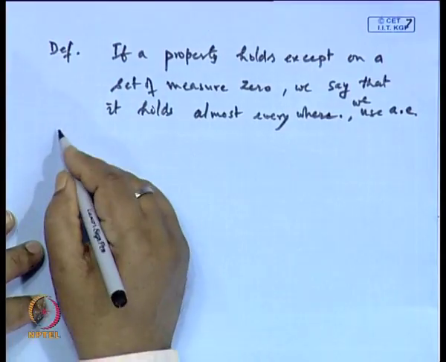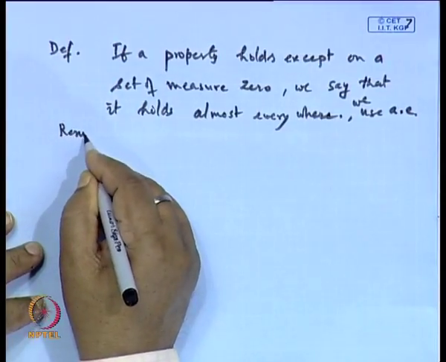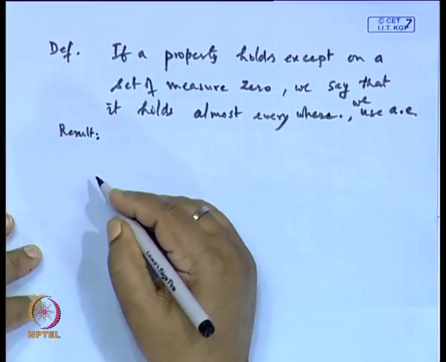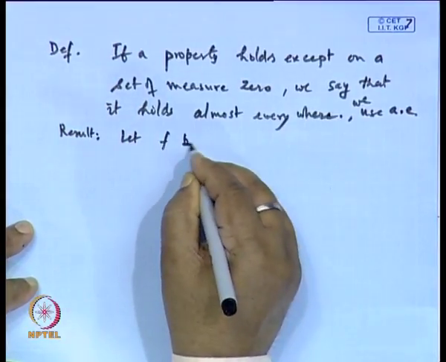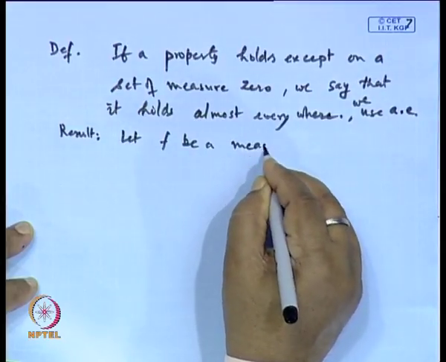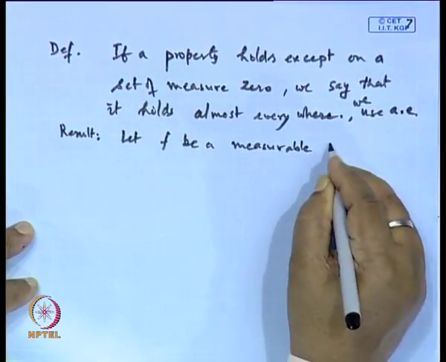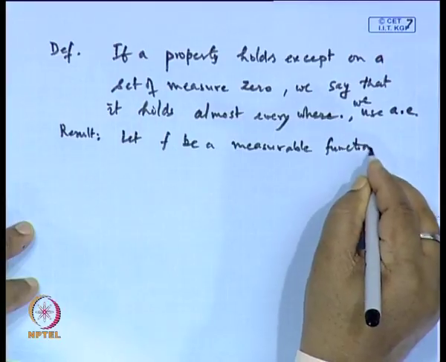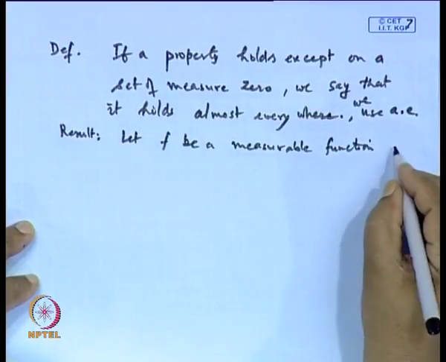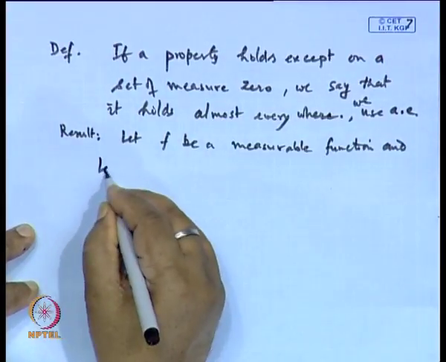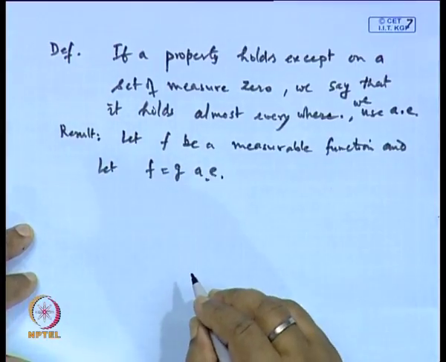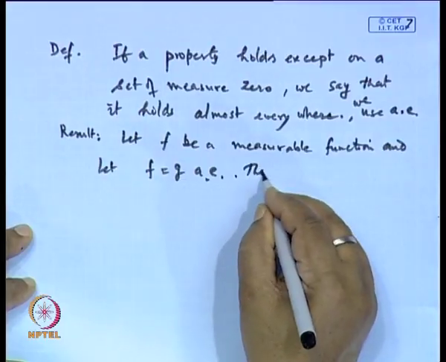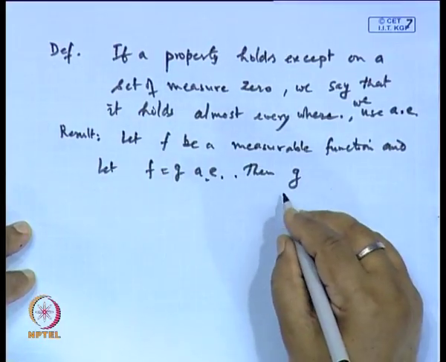Now, one result we will make use of. The result is, let f be a measurable function and let f equal g almost everywhere. Then g is a measurable function.